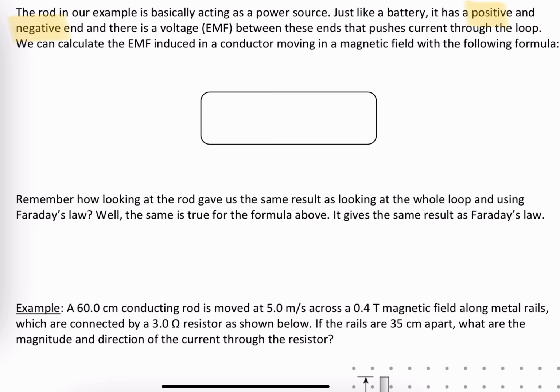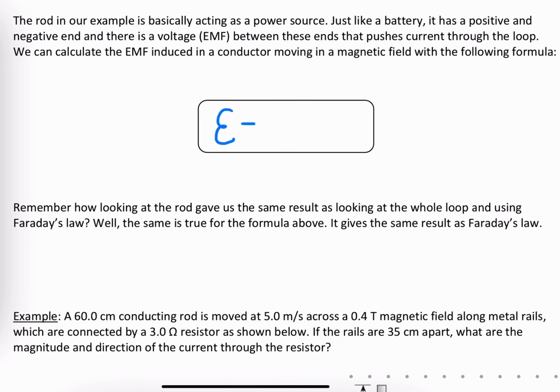Now we can calculate that voltage, that EMF, with the following formula. E, the induced EMF in the rod, or in any moving conductor in a magnetic field, is V, B, L. And these all have to be perpendicular to each other.